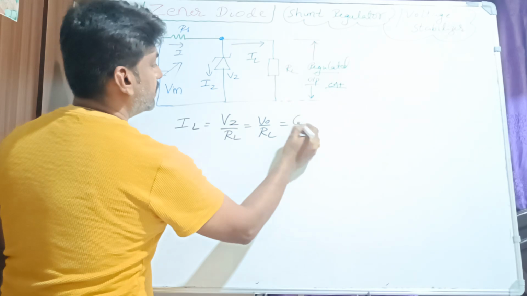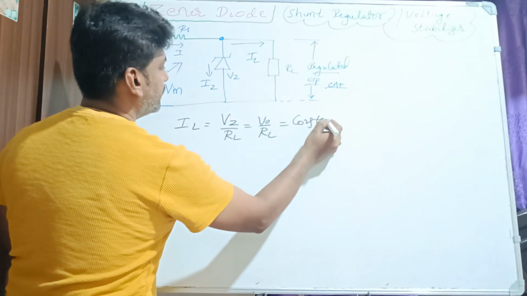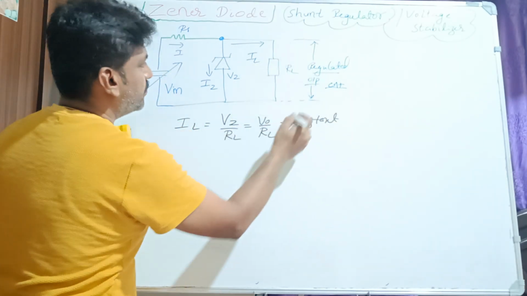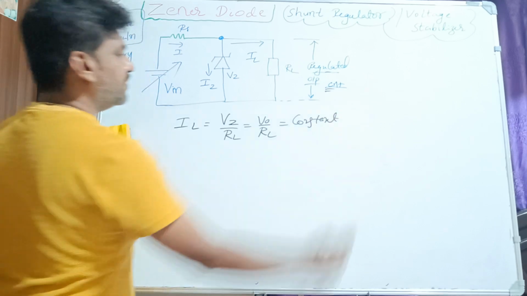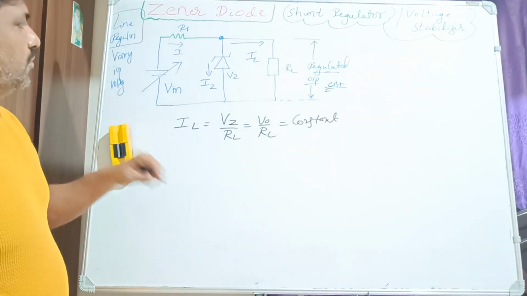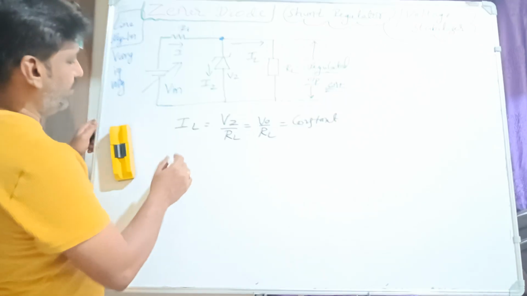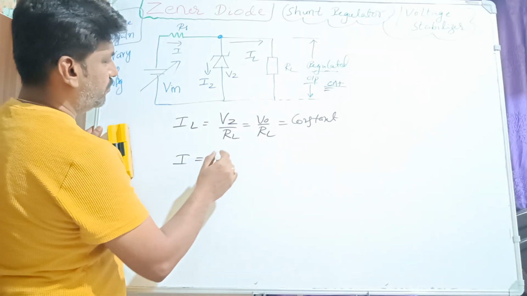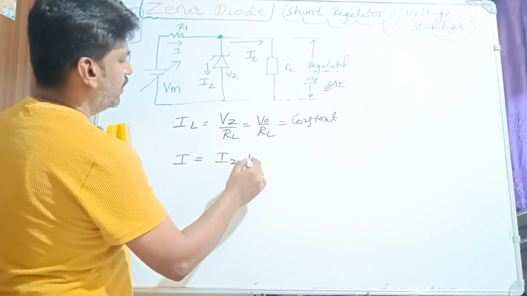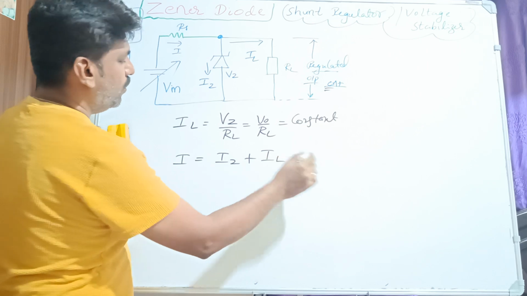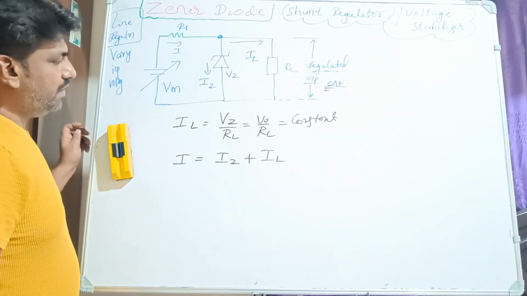The current IL is constant because it is the output side, regulated. Regulated means constant, so we should get a constant voltage. And we also know one more equation: the total current I is equal to the Zener current plus the load current.